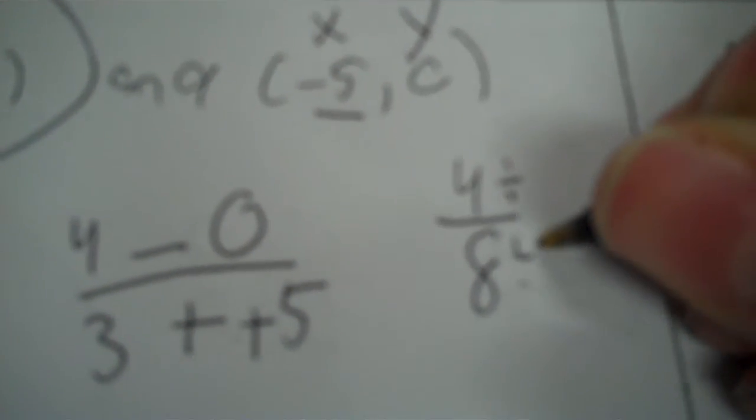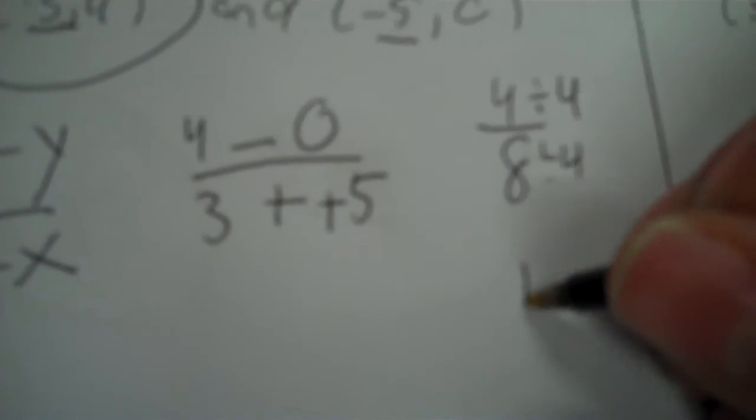Now you got to put that into simplest form. Here's 4, here's 8, so they're in the fourth row, so we reduce by 4. Not by 2, it's got to be in the furthest row down. So that's 1 over 2, 1/2.